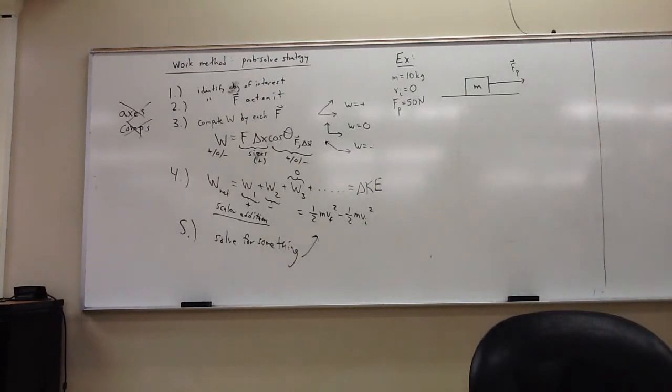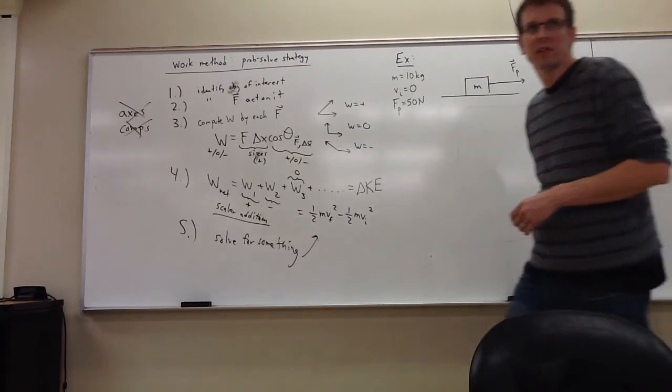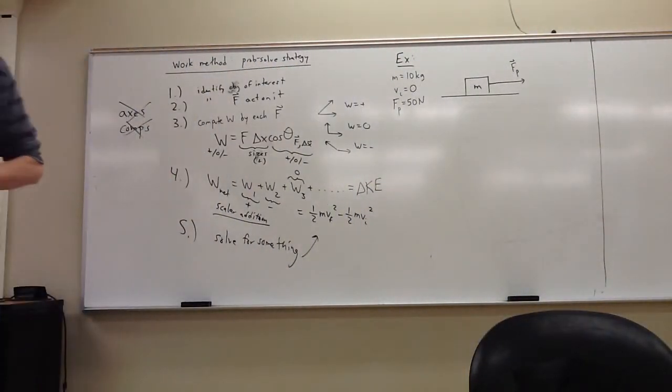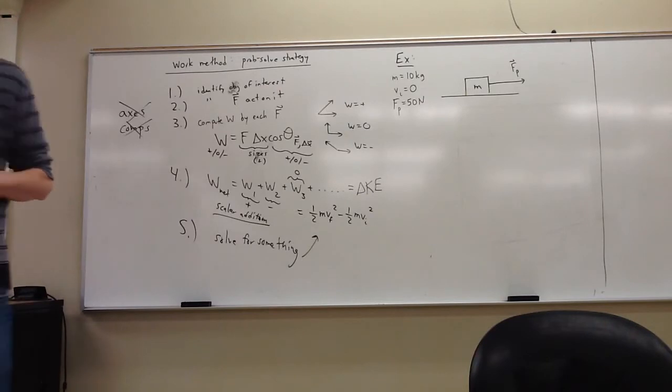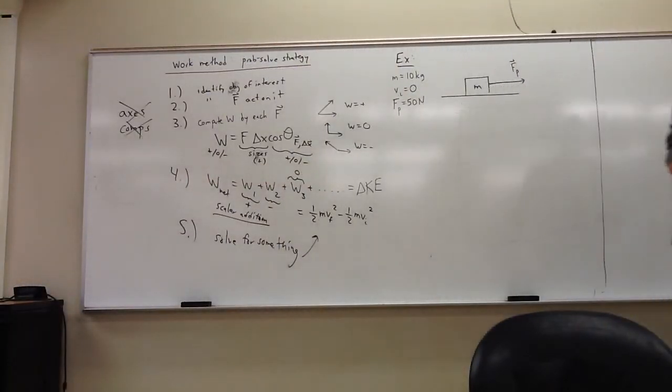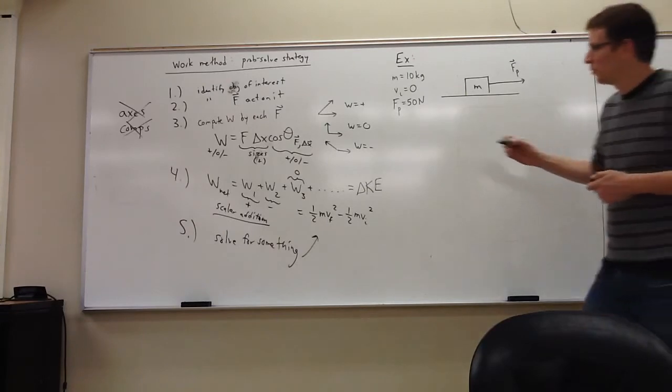Now, of course, one of the possibilities here is that that pulling force is not enough to get it moving, because static friction can cancel it. That's something that you should know how to check if you're given the static frictional coefficient. In fact, that was a big thing on homework 5 and exam 1. But just so we don't have to do all that old hat stuff, let's just assume that it moves.